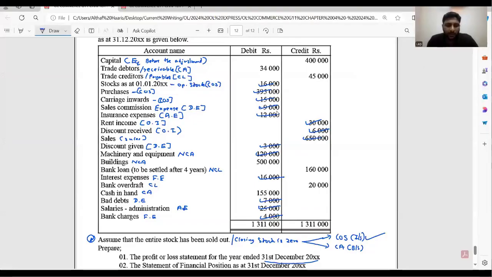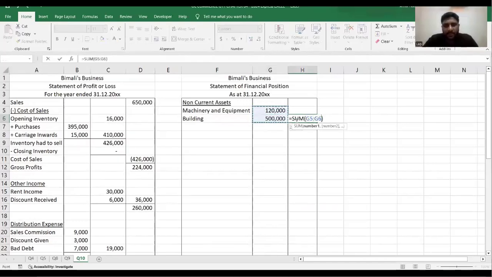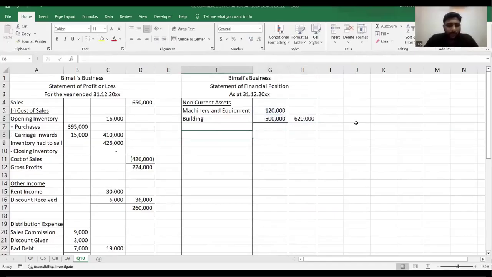Next one, building 500,000. So total non-current assets 620,000. Then the current assets.